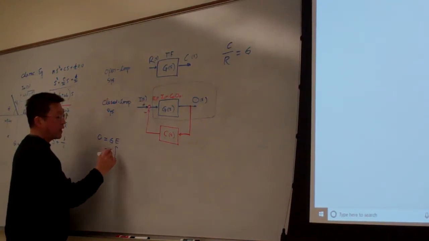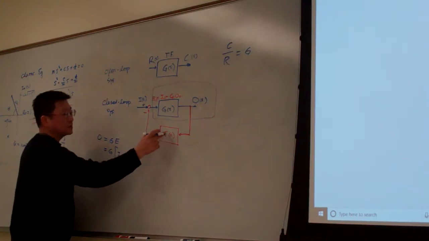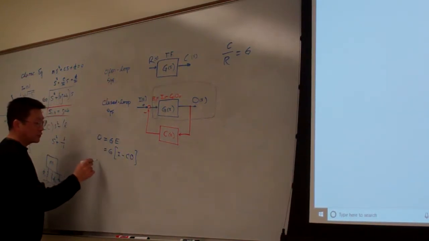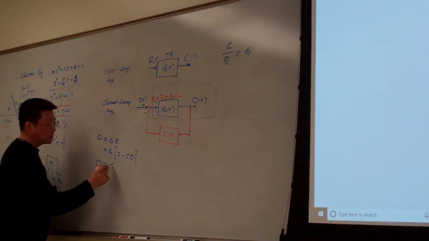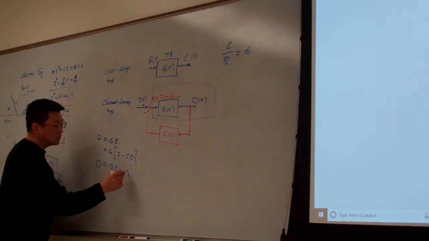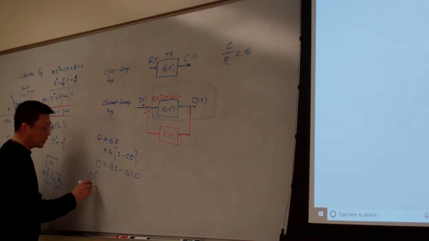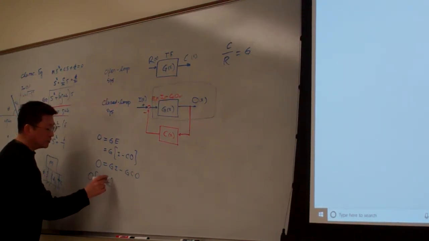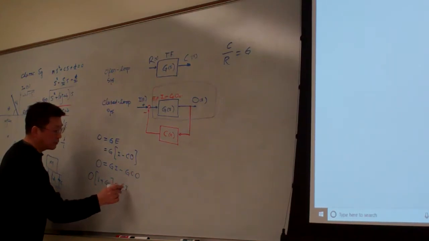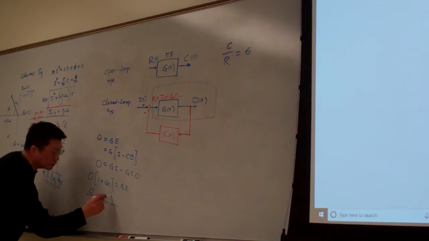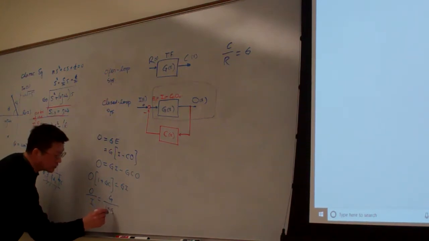E equals I minus C times O. So we can rearrange: O equals GI minus GCO. Here, let me move O to one side: O times (1 plus GC) equals GI. Therefore, output divided by input is equal to G over (1 plus GC).